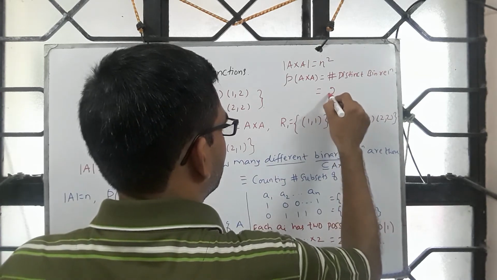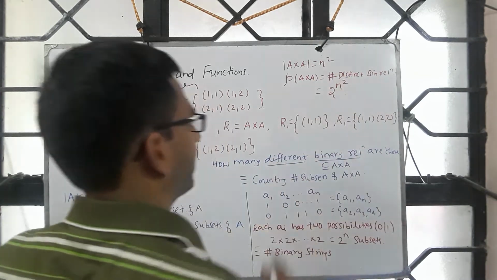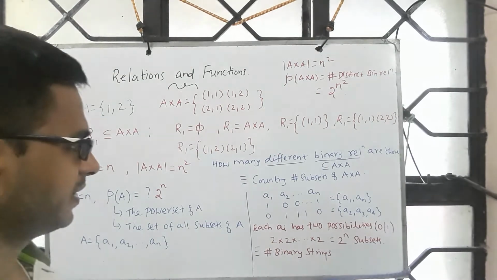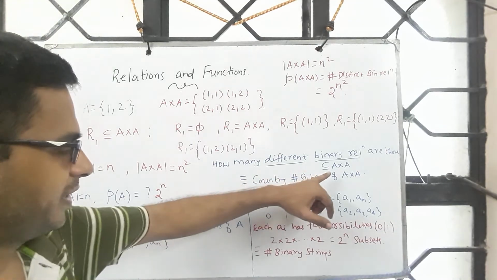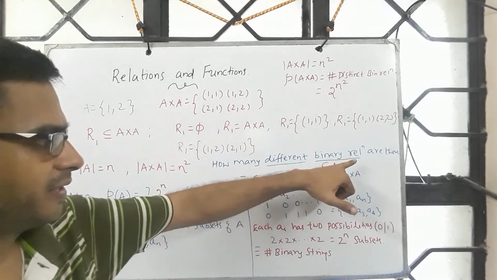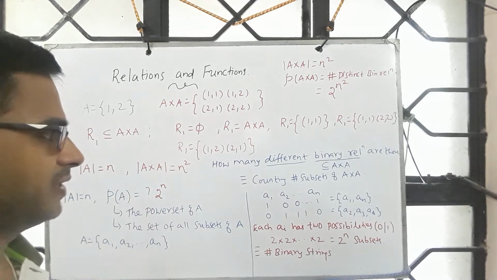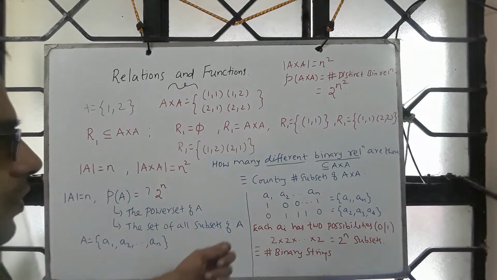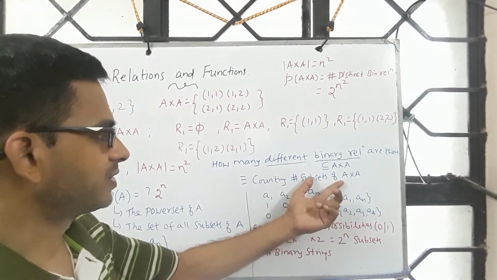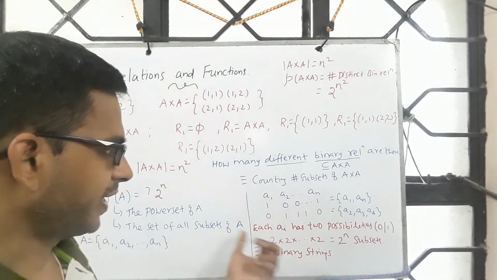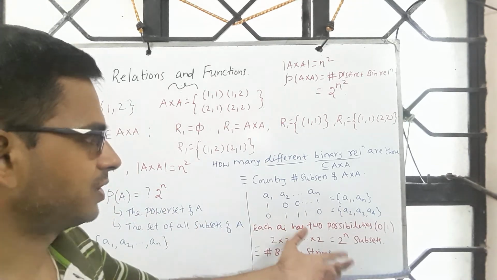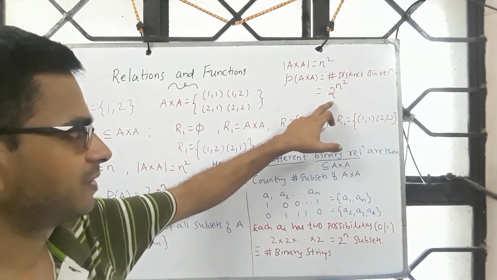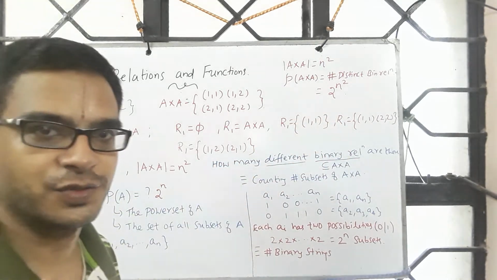What is this number? This is 2 power n square. So the power set of A cross A is what we need to list all binary relations on a set of size n. And that's equivalent to listing all subsets of A cross A. Just now we have seen if there are n elements, then the number of subsets is 2 power n. If there are n square elements, then the number of subsets is 2 power n square.